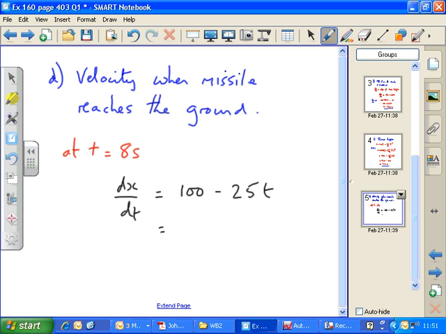And so that equals 100 minus 25 times 8, which is 100 minus 200, which is minus 100 meters per second. So we can show it that way too. But also, we can answer that part of the question just by saying it must be coming down with the same final speed as it started off with, ignoring air resistance.